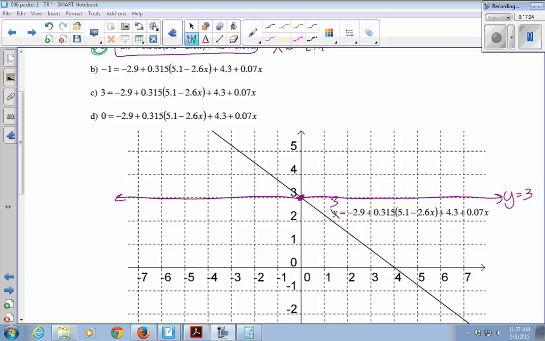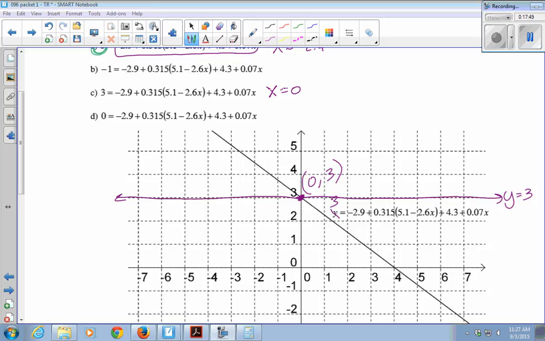What are the coordinates of that point I just drew? 0, 3. I didn't go left or right, I went up 3. 0, 3. So the x coordinate of that point is the solution to the equation. Right? So in this case, x equals 0 is the solution.